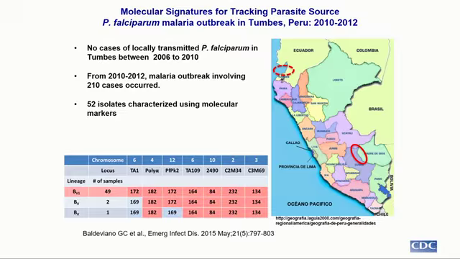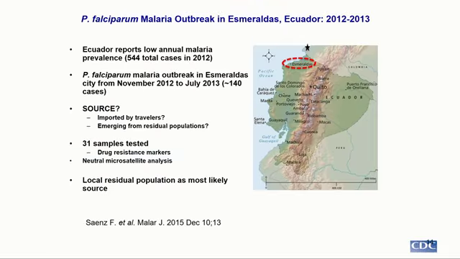Interestingly, using the same kind of molecular tools, we were able to determine that the introduction of another lineage of strains by construction workers led to that outbreak. The same tools are also helpful in other settings, in this case Ecuador, where Fabian has demonstrated this as well.